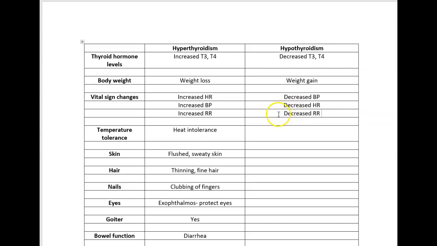Much like the person who's hyper and can't tolerate heat, the person who's hypo is going to tend to always be cold, and they're going to have cold intolerance. While the person with hyper is flushed and sweaty, the person with hypothyroidism tends to have dry skin.